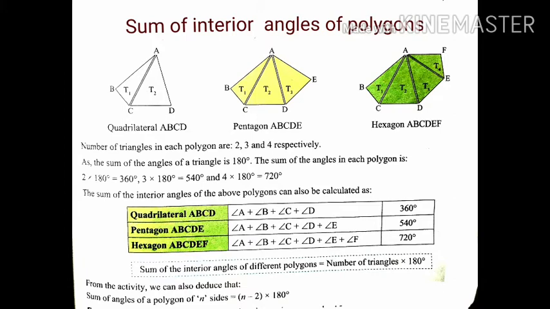This way we can identify it for polygons with few sides, but for others you can use the formula: number of triangles into 180 degrees. Like we have a 15-gon, that means a polygon with 15 sides. You have to find the measure of one interior angle of the regular figure.